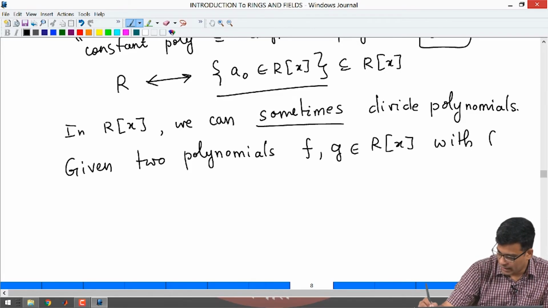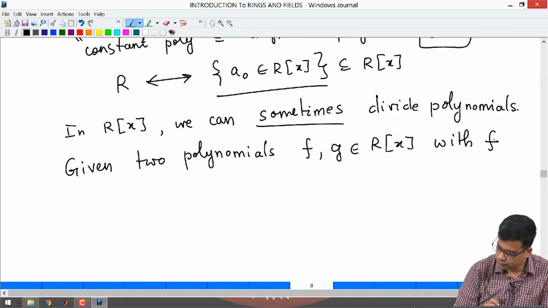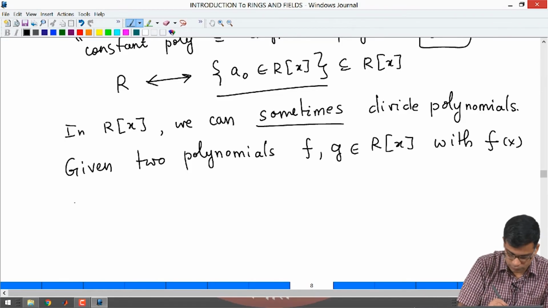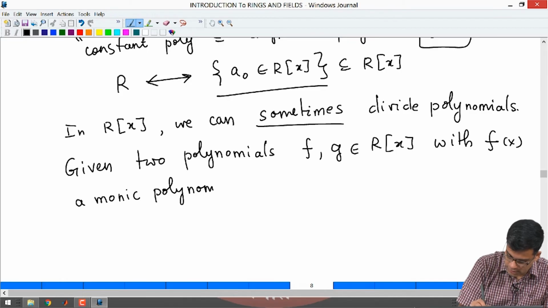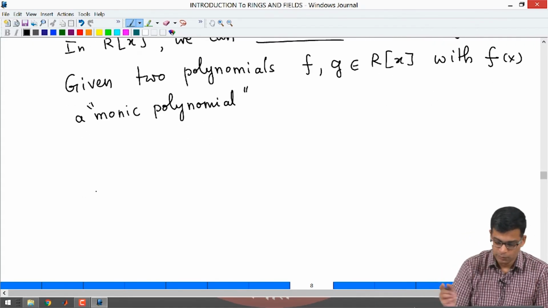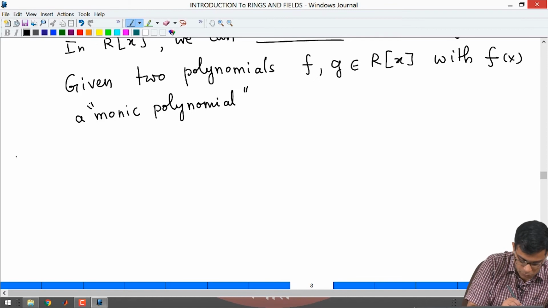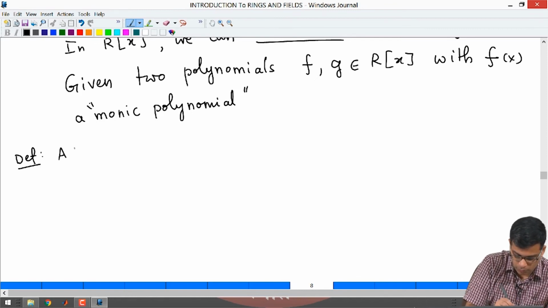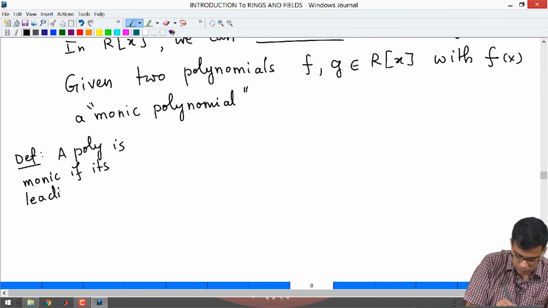with f, let us say, a monic polynomial. So, I do not know if I defined this. So, what is a monic polynomial? So, I will quickly define what is a monic polynomial and then I will continue this. Definition: a polynomial is monic if its leading coefficient is 1.